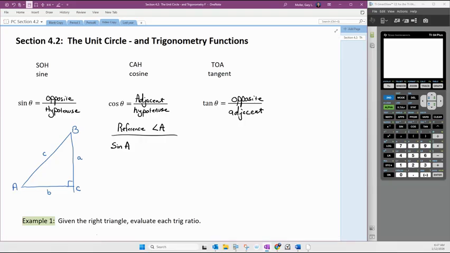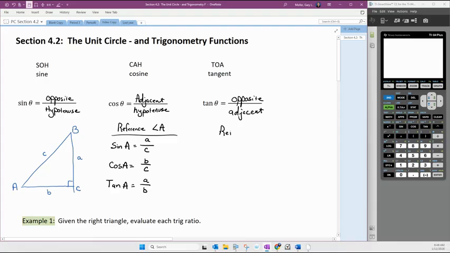It's not much of an abbreviation, but the sine of A is equal to the opposite, in this case side A, over the hypotenuse, which would be C. Cosine of A would be the adjacent side over the hypotenuse. And the tangent of A would be the opposite side, A, over the adjacent side, B.